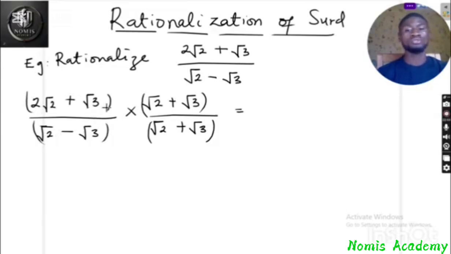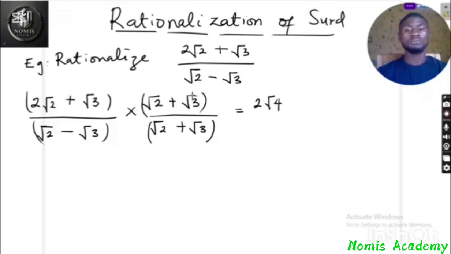So we'll now say 2 root 2 multiplied by root 2. That will be 2 root 4. Remember the law: root 2 multiplied by root 2 is root 4. Then I still have my 2 there.